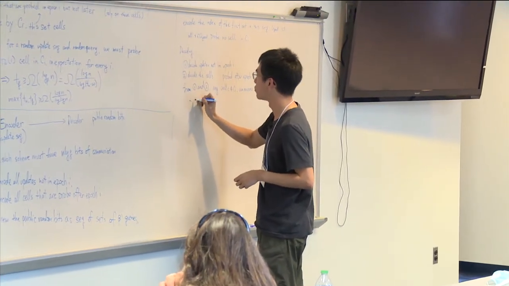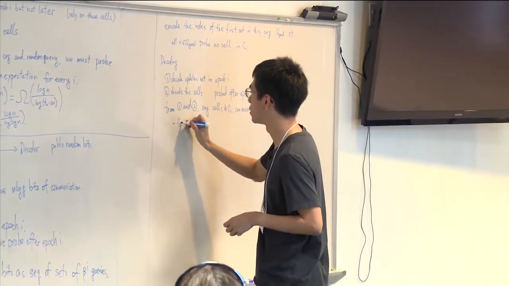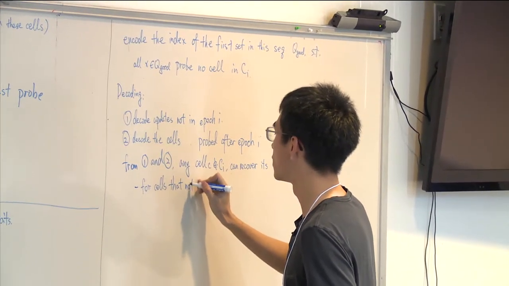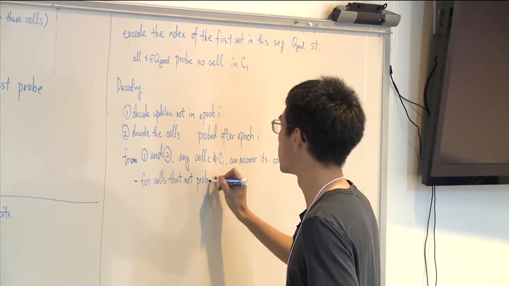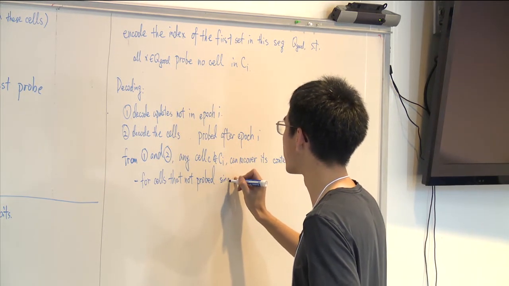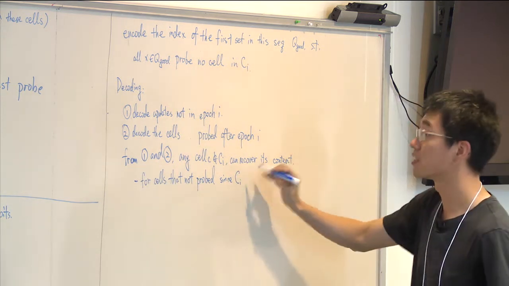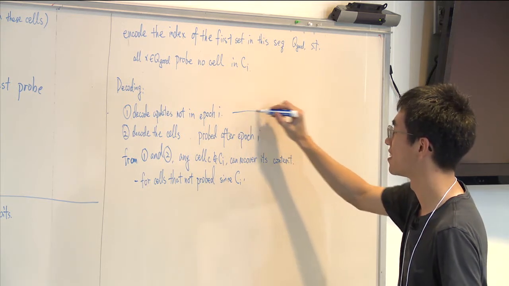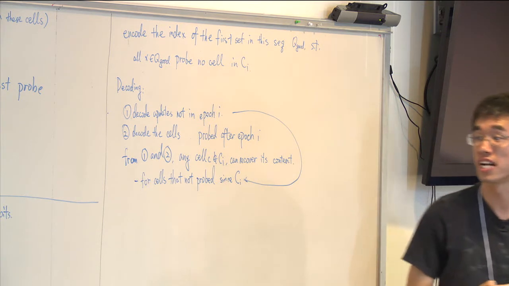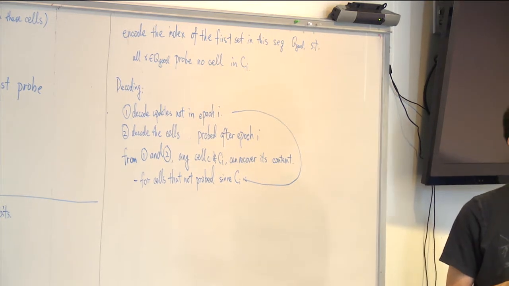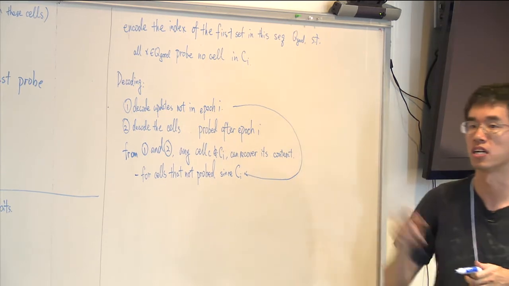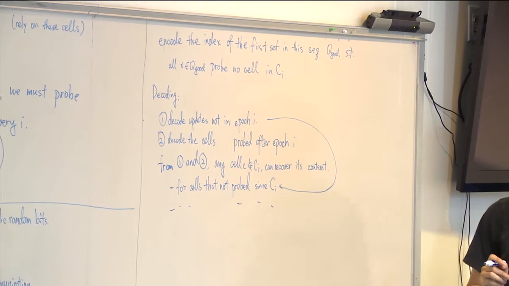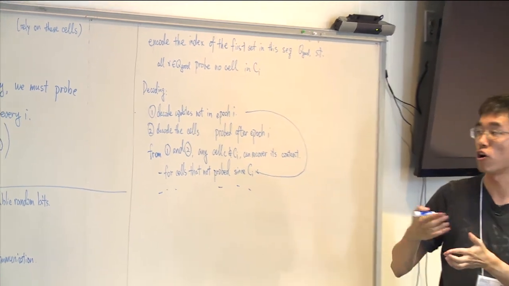So for cells that are not probed since epoch I, we can compute them from these updates. And for the other cells that are probed after the ith epoch, we describe them explicitly, so we also have them. Right. So from 1 and 2, we know the contents of all the cells that are not in CI.